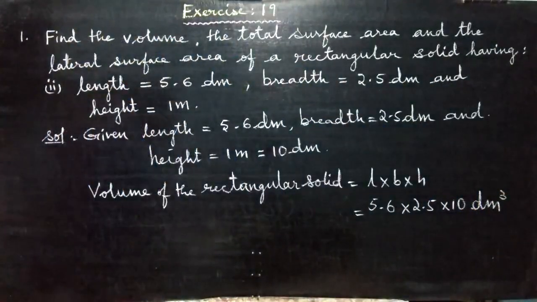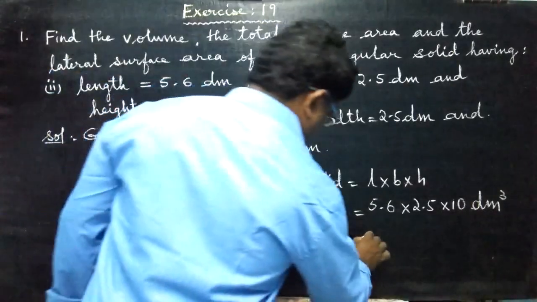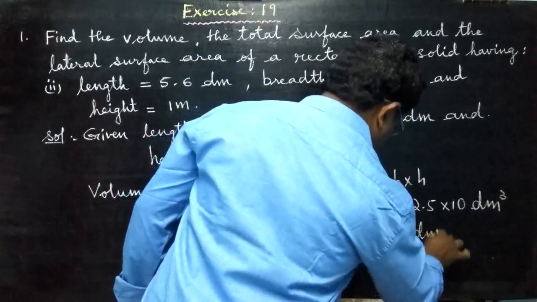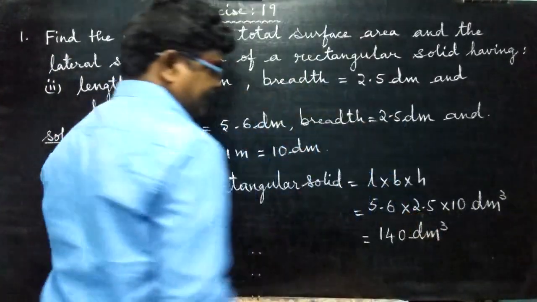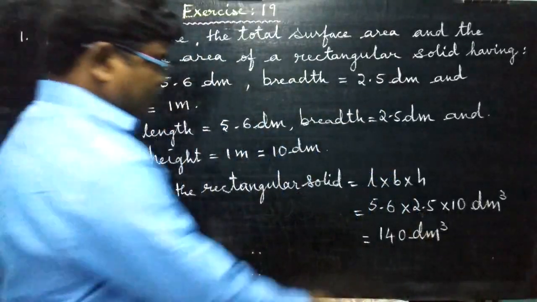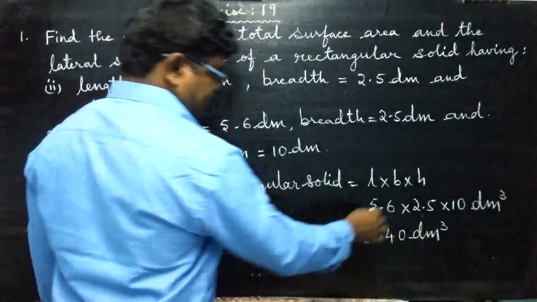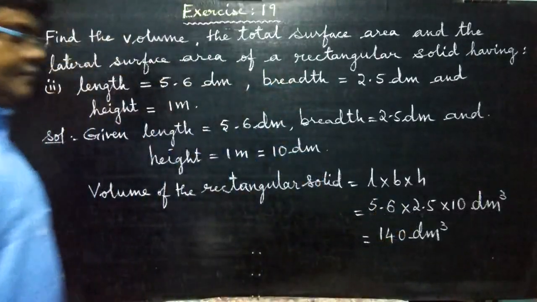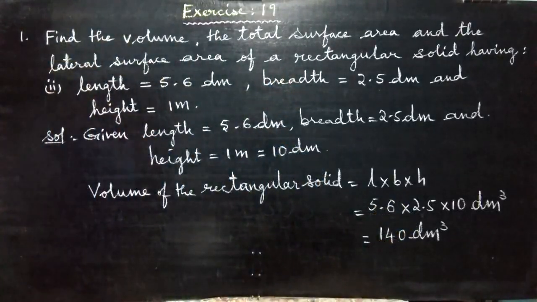Always volume will be in decimeter cube. Multiply: 10 into 2.5 is 25, and 25 into 5.6 gives 140 decimeter cube.